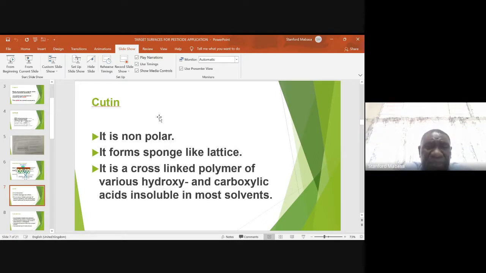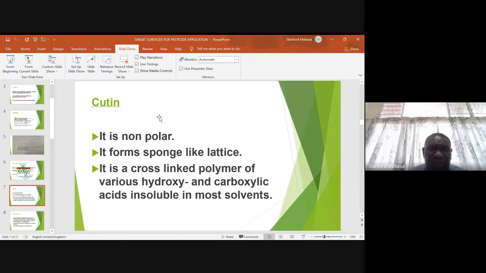So the cuticle is composed of, number one, cutin, which is the major proportion. It is non-polar, which means it's not charged. It doesn't have charged molecules. It forms a sponge-like lattice.